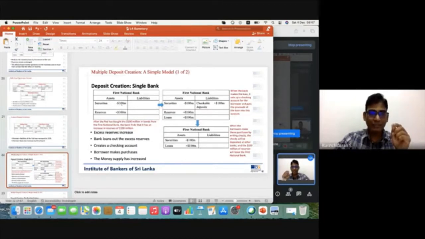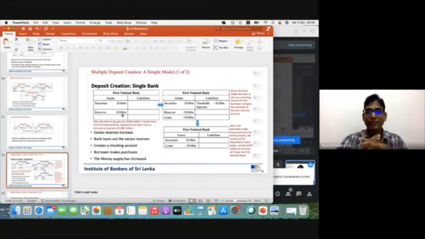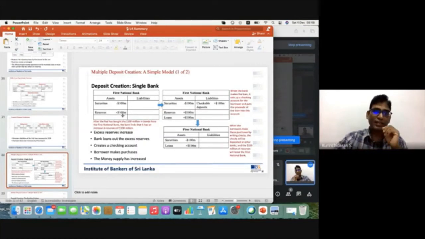The central bank credits the reserve account. So the bank, First National Bank, will get reserve 100 million. Now within the balance sheet, the mixture of assets changes. Now the single bank, that means the First National Bank, keeps reserve 100 million.